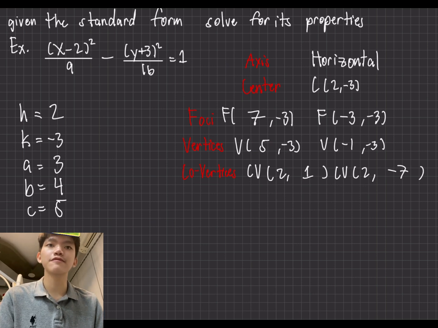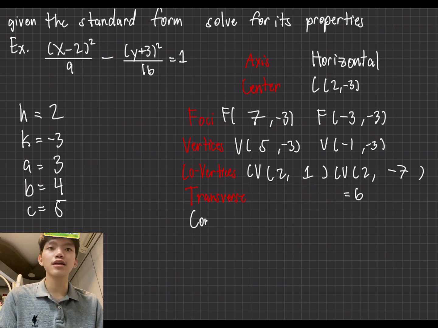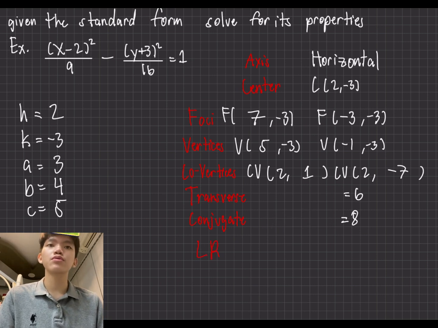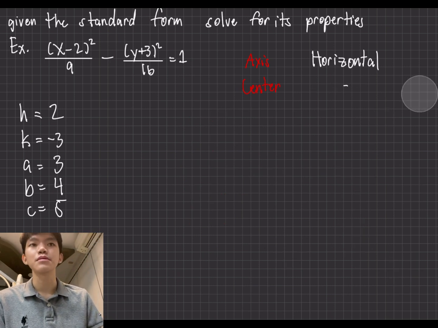So for our transverse, we have 2a. So 3 times 2 is equals to 6. And we have conjugate, which is 2b. So 4 times 2 is equals to 8. So for our LR, 2 times 16 over 3 is equals to 32 over 3. So that will be our latus rectum.